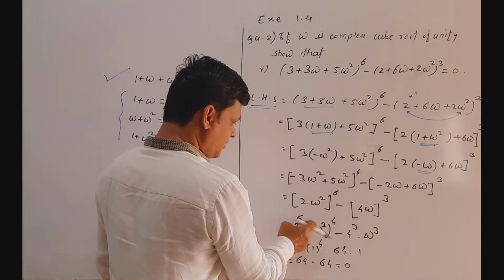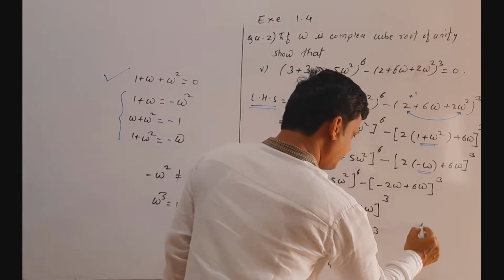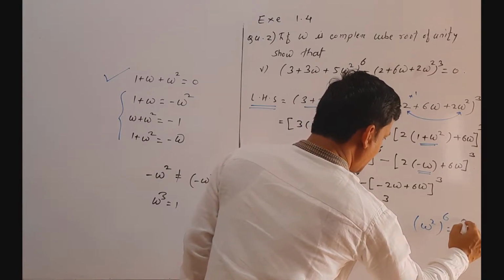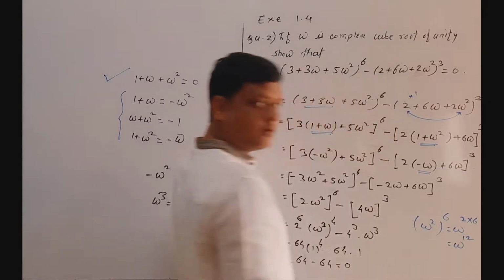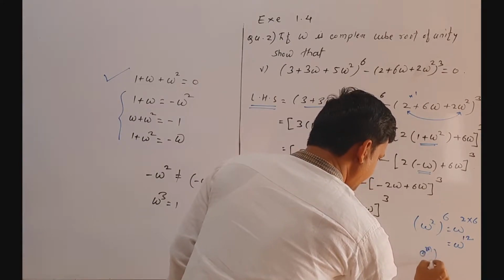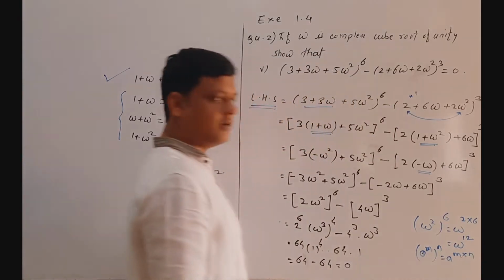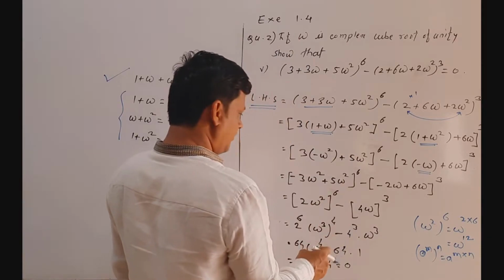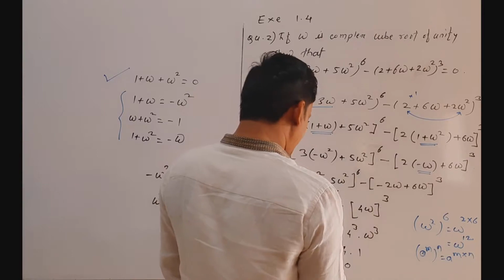So 2^6 into (ω²)^6. We write this as ω^(2×6), that is ω^12. Which concept do we use here? We use (a^m)^n = a^(m×n), so we write the power in multiplication form, 2 into 6, 12.